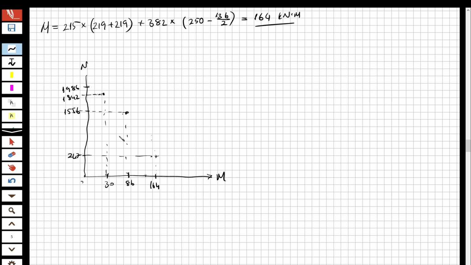And for 177, I have 776, for example, half of this one. 776 as the force.